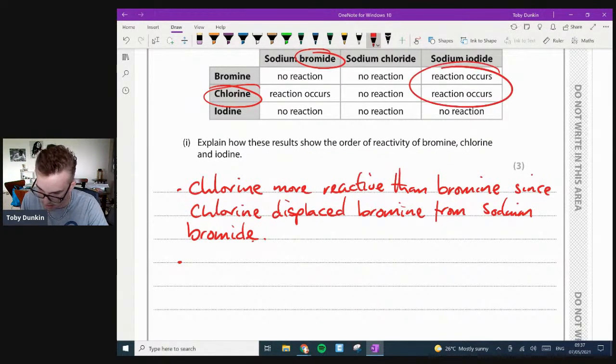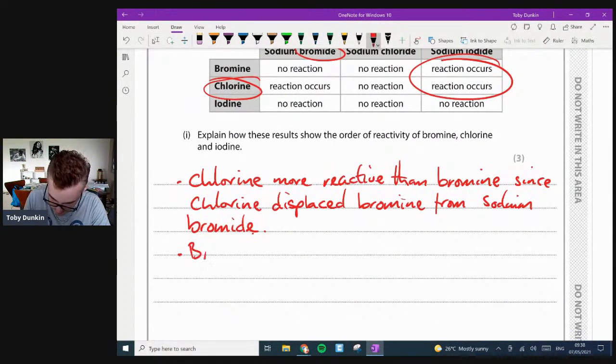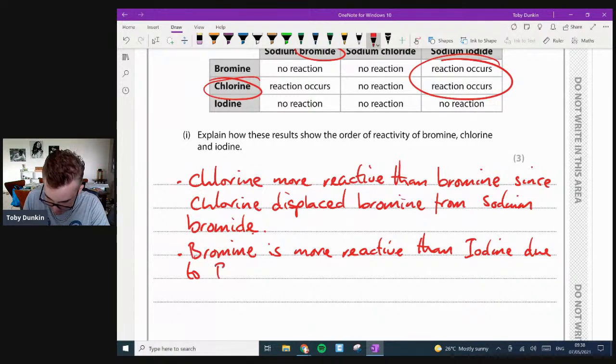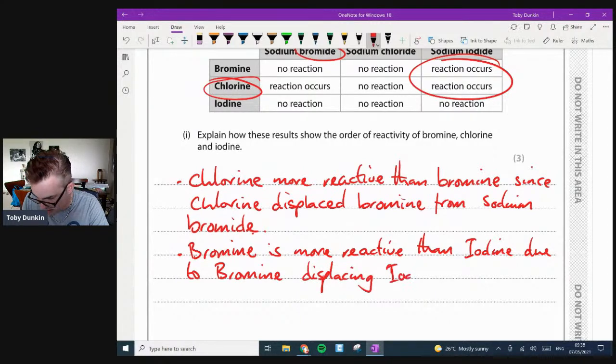Next, where's the next reaction? Reaction occurs. Yeah, bromine is more reactive than iodine due to bromine displacing iodine from, what was it?